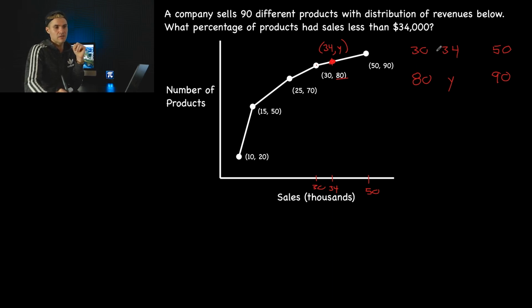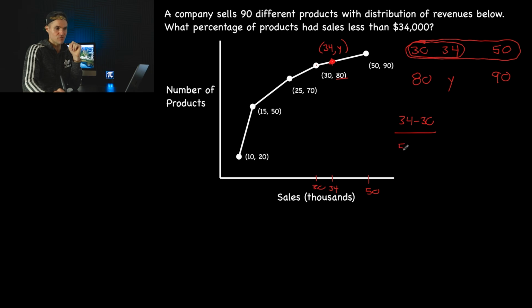Now, because these are in the same proportion, what we can say is we know that the difference between these two, right? So we could say 34 minus 30, which is 4, as a proportion of the total interval, right?